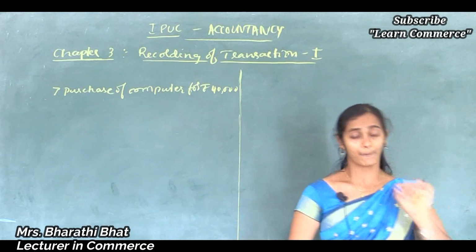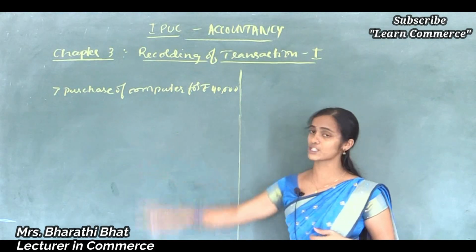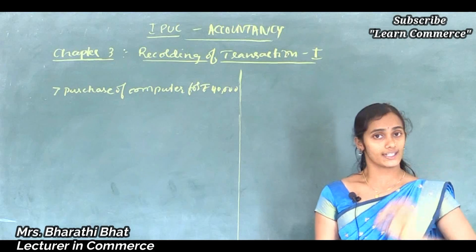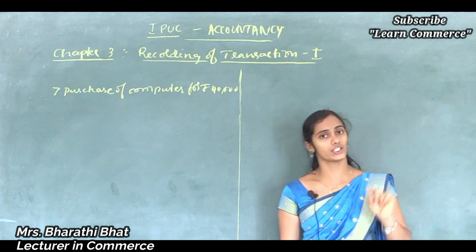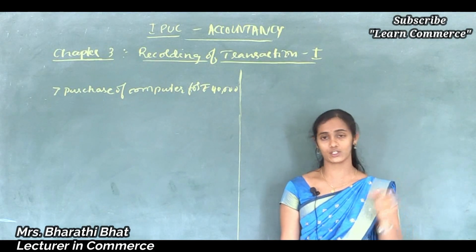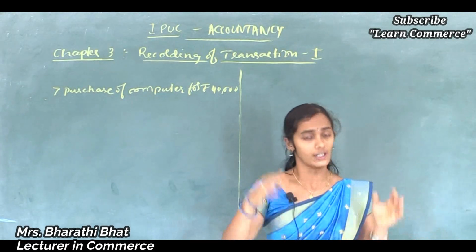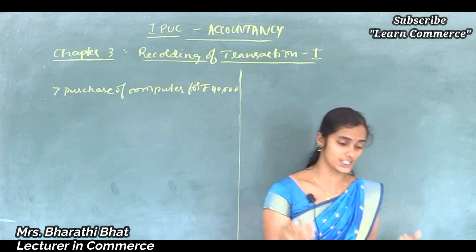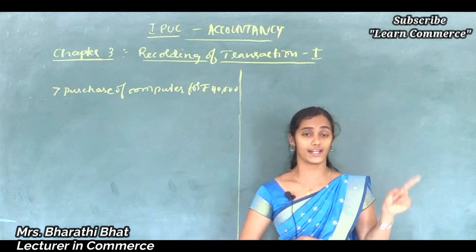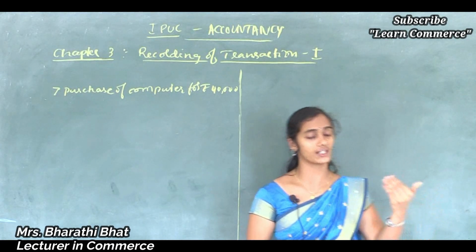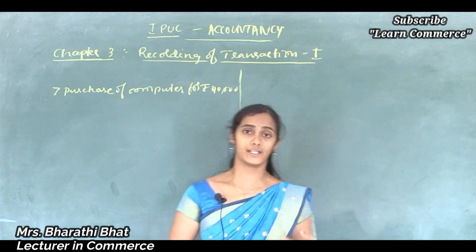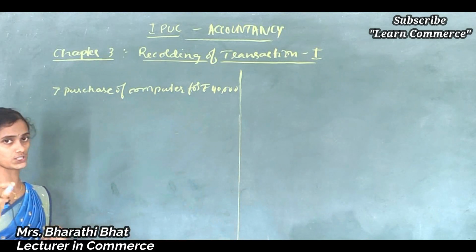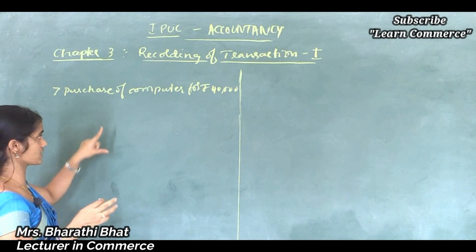So purchase of computer for rupees 40,000 is a transaction which involves two effects, a reciprocal exchange of two things. What are the two exchanges here?